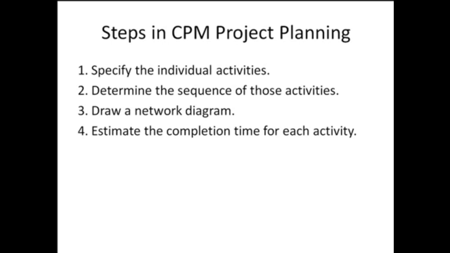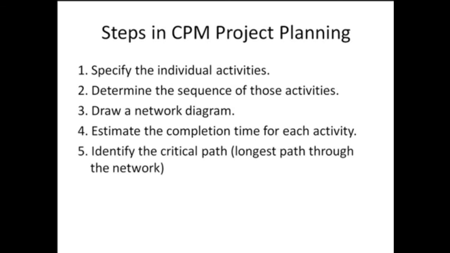The time required to complete each activity can be estimated using past experience or the estimates of knowledgeable persons. The critical path method is a deterministic model that does not take into account variation in completion time, so only one number is used for an activity's estimate. And now you identify the critical path, which is the longest path through the network. The significance of the critical path is that the activities that lie on it cannot be delayed without delaying the project.